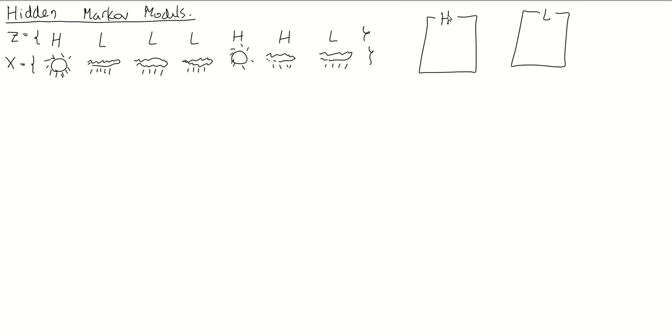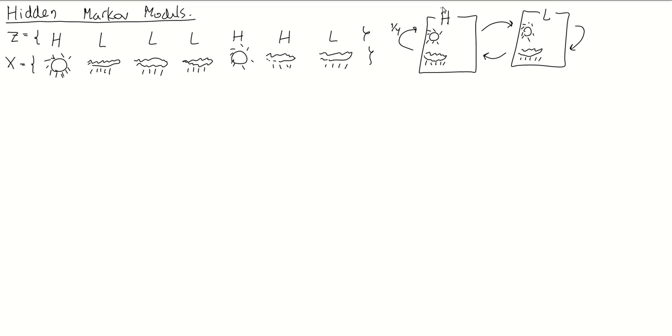And then for the probability of going from high pressure to low pressure, we would make an arrow like this. Actually, let's just talk about if it is high pressure, then there's going to be some probability that we're going to see the sunshine and some probability of rain. Similarly, with low pressure, we're going to have some probability of sunshine and some probability of rain.